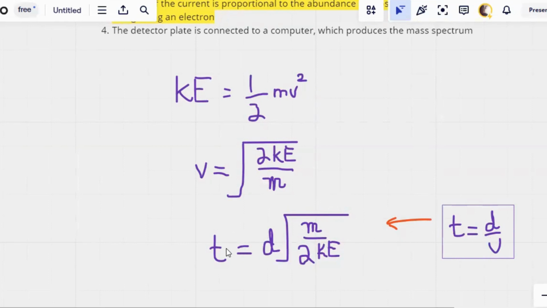It is the time of flight of the particles, and d is the length of the flight tube. This expression arrives from t equals d over v, so I have placed the value of 1 over v here. I inverted it to make it 1 over v, so it is the square root of m over 2KE.